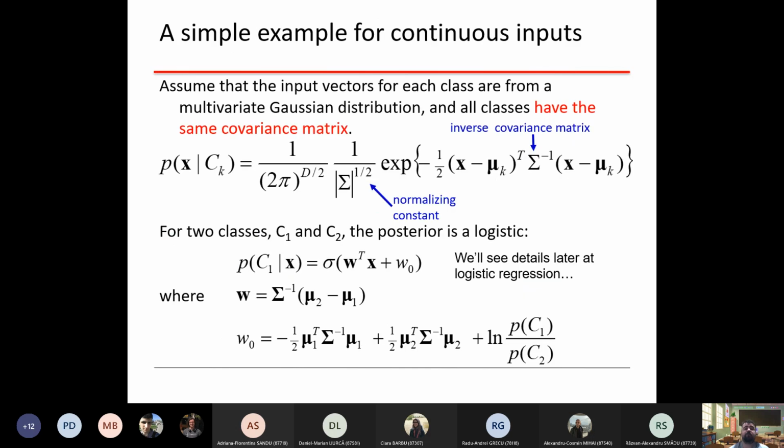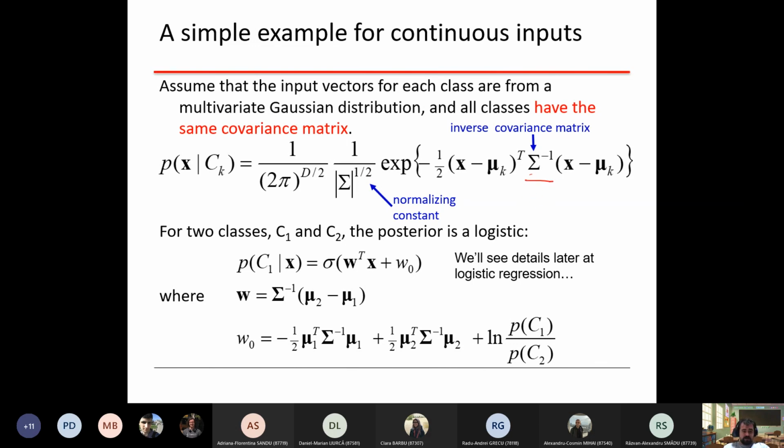Now, if we want to compute the values, we'll have to do some math. So first, assume the input vectors for each class are from a multivariate Gaussian distribution that have the same covariance matrix. It's extremely important, and we'll see what's happening if they don't have the same covariance matrix. But let's suppose that the vectors from the classes share the same covariance matrix, that will be defined like this.